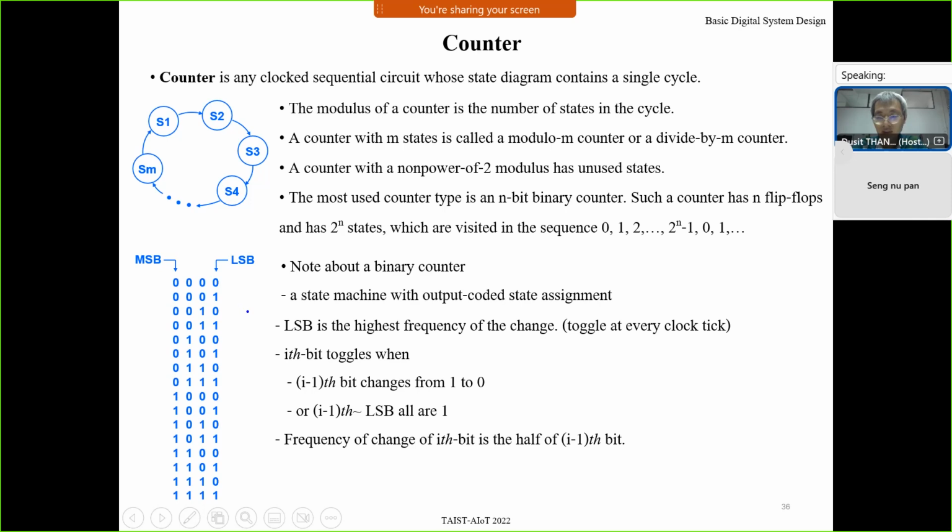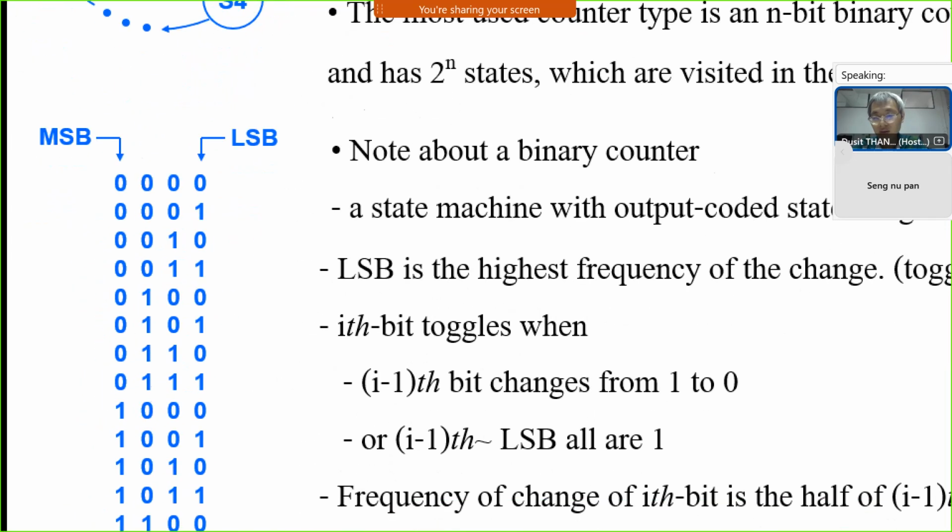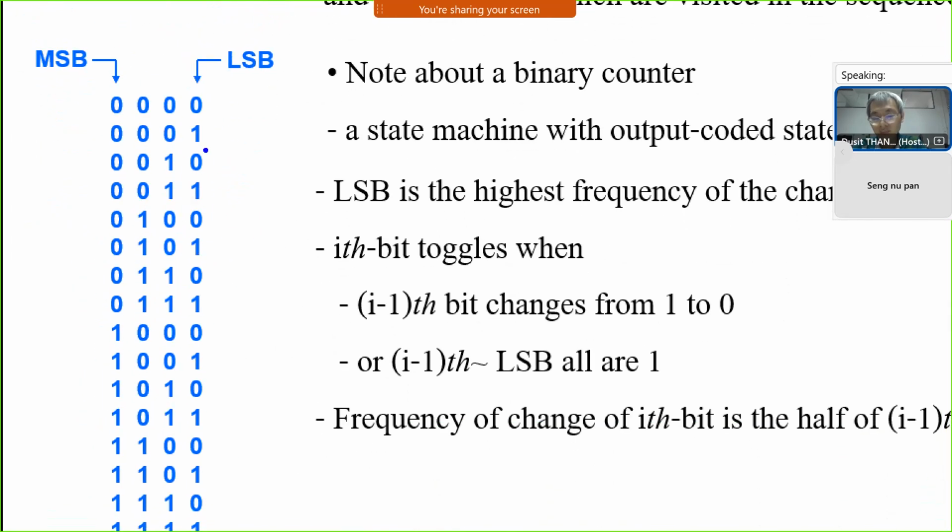For the counter, the relationship between the present state and the next state is add 1, right? From 0001 to 0010, you just add 1.